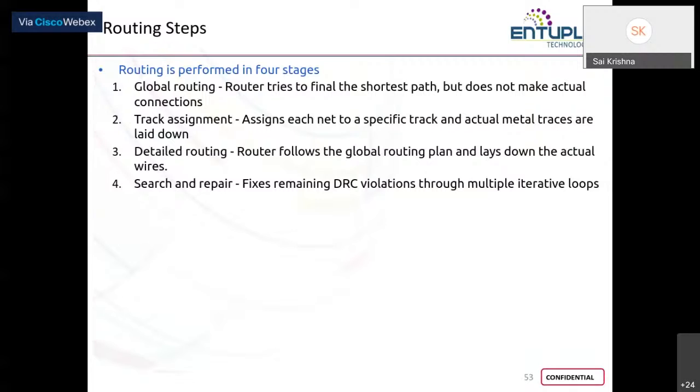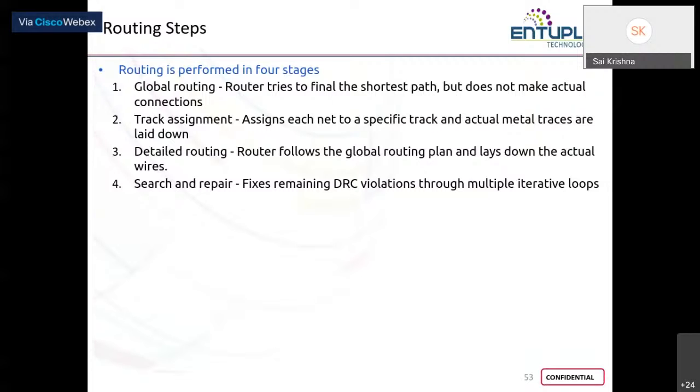Then for every routing, be it horizontal or vertical, a routing track is given. This track follows the grid. Only in line with this track, overlapping with this track, your routing happens.